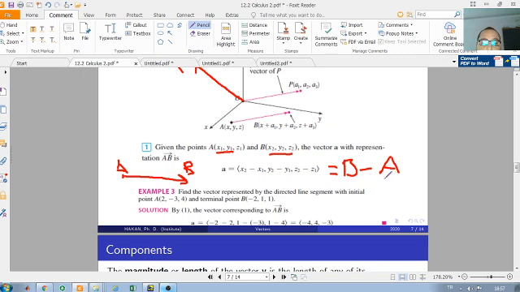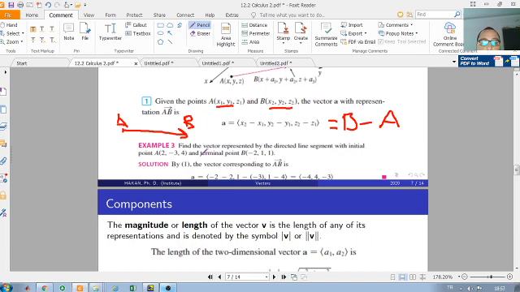For example, let's find the vector represented by the directed line segment with initial point A and the terminal point B. So from here the vector corresponding to the representation from A to B, the initial point A and the terminal point B, you see, we will apply B minus A, which is equal to minus 2, minus 2, minus 2.